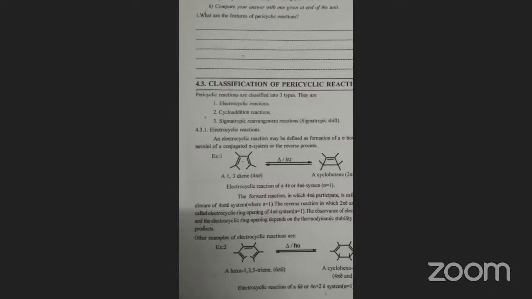It is itself involved and produces the product, so it is called an electrocyclic reaction. If we take 2 pi bonded systems, and these 2 pi bonded systems are involved in the addition, that's why it is called a cycloaddition reaction.